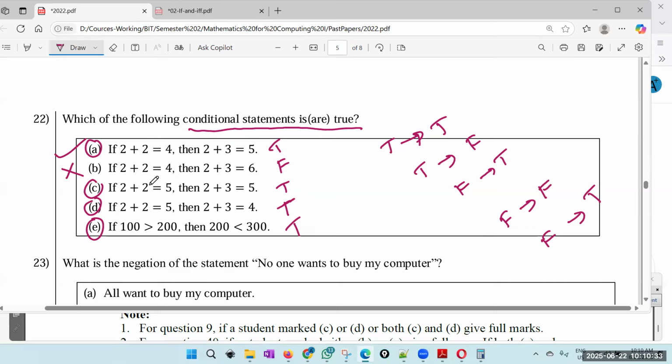If you take 2 plus 2 as 5, anyway, that's a tough one. Should I go for only A or should I go for A, C, D, and E? Okay, that is the question now. If I go by the truth table, I'll go for A, C, D, and E because this is anyway false.